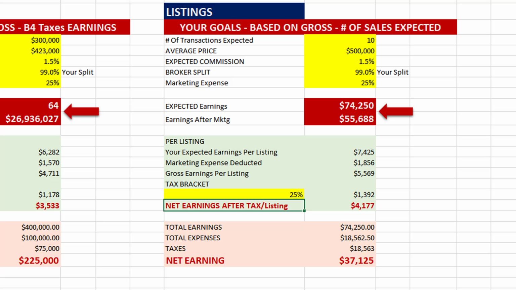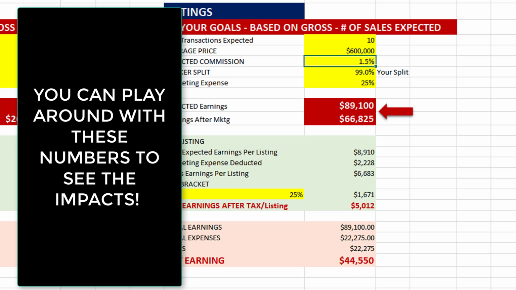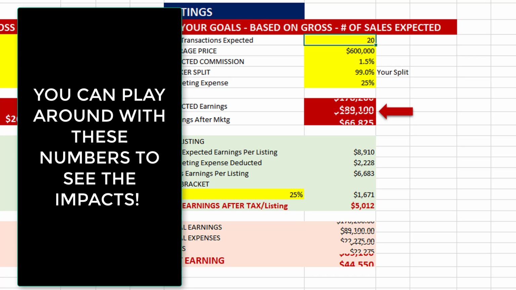So just be conservative. You can come in here, and if your average price is $600,000 and you're looking to make at least 20 sales, right? So again, this calculates everything for you. So your expected earnings after marketing expenses, right? So how much?